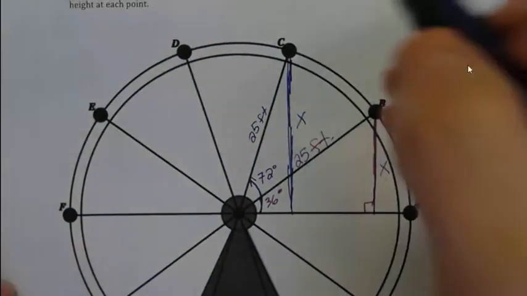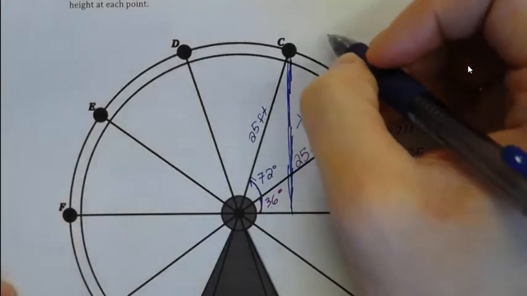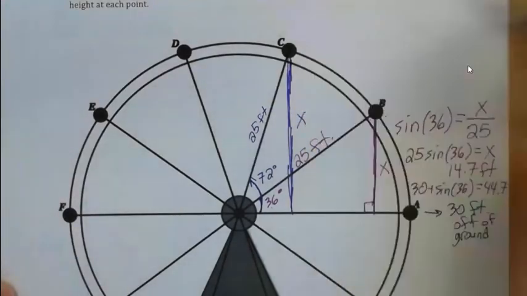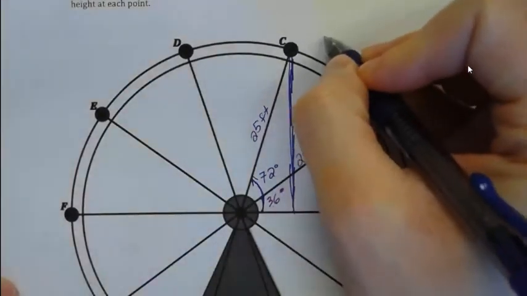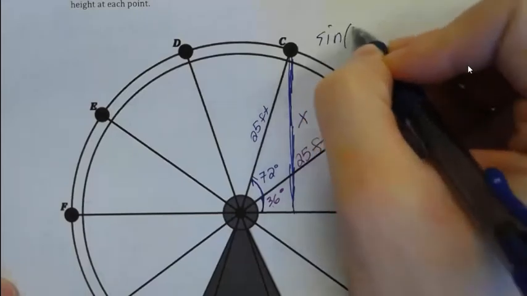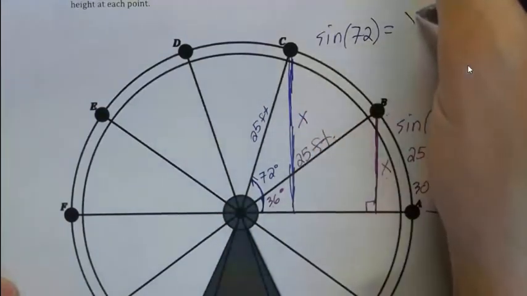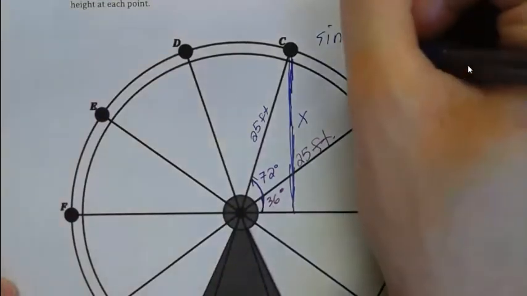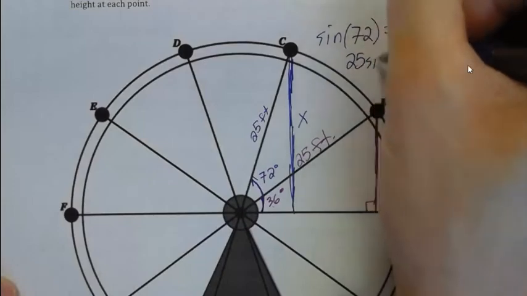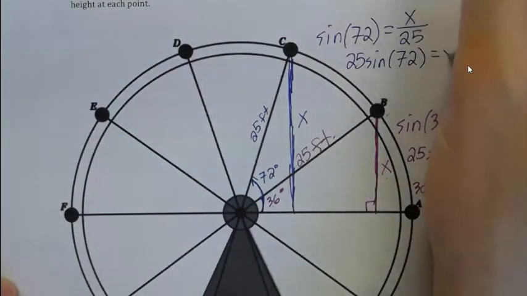We can find the sine of 72, and that is going to be equal to x over 25. So we would do 25 sine of 72 is equal to x.